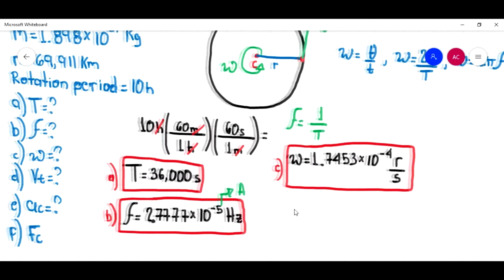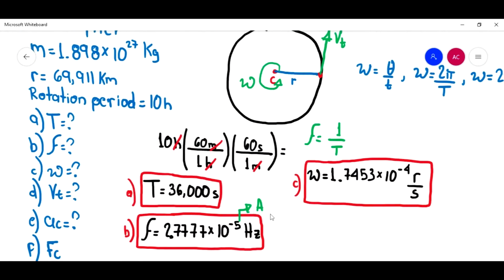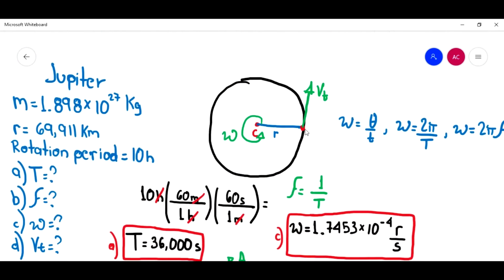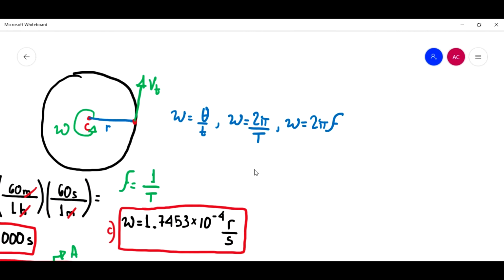So next question. Letter D, tangential velocity in the surface. Remember that this is the tangential velocity in the surface, so that's why we're going to need the radius. I'm going to write over here the tangential velocity equations.